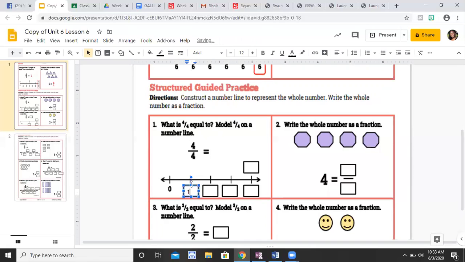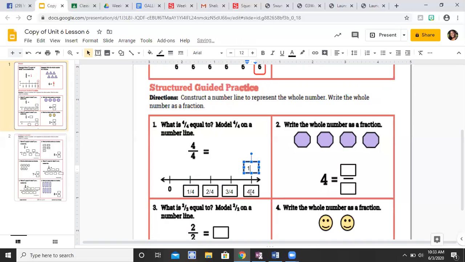So this is 1/4, 2/4, 3/4, and 4/4. So we know that 4 over 4 is equal to 1.